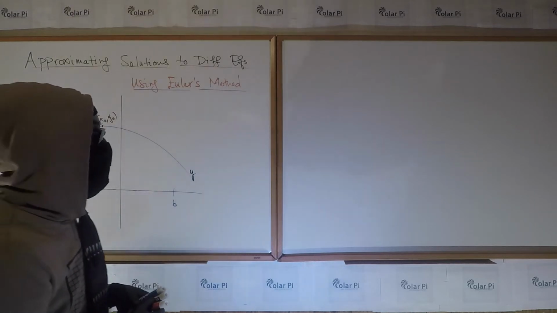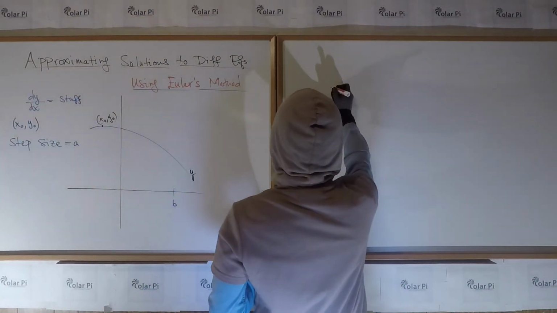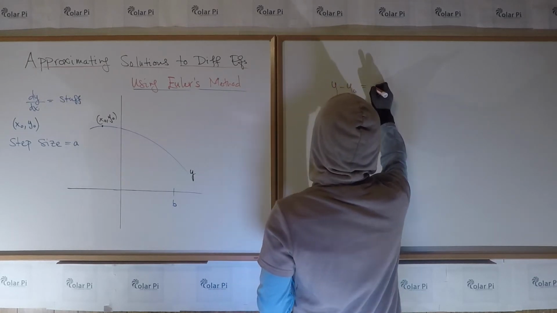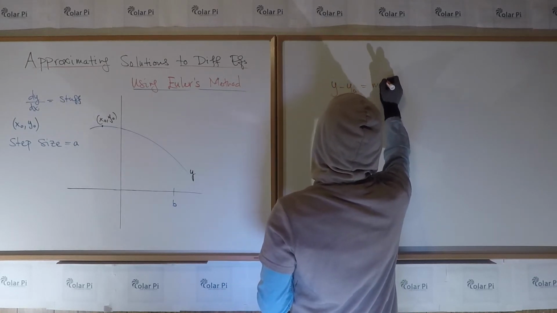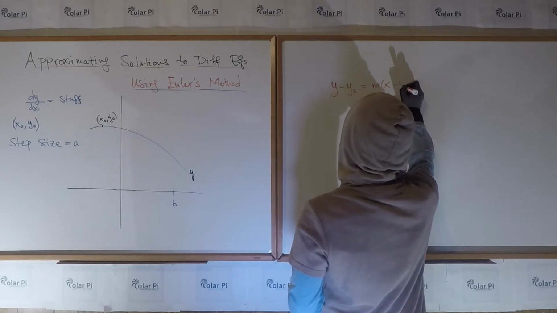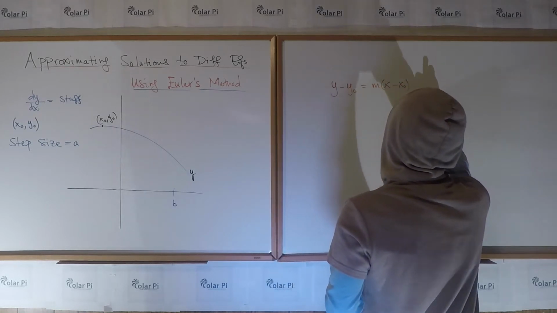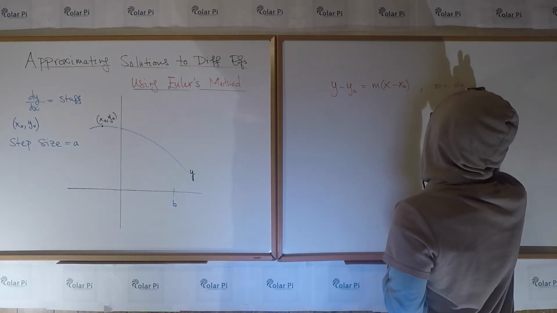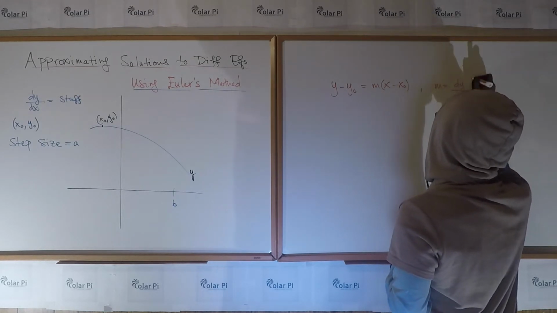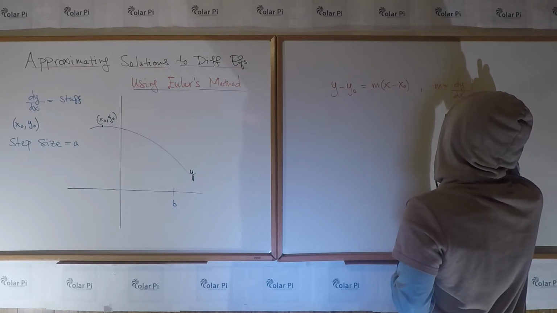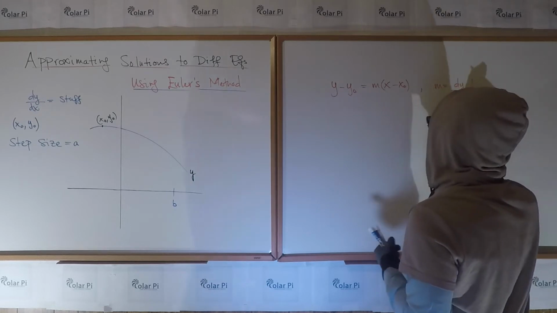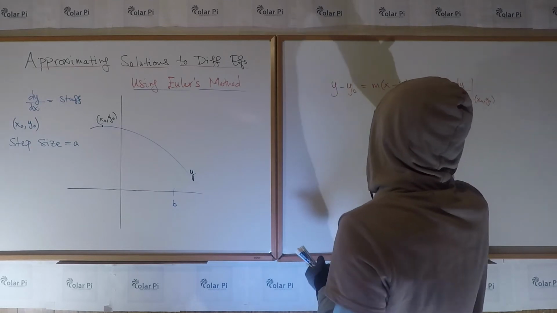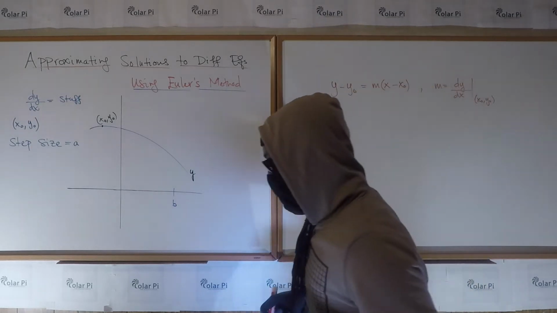In point-slope form, the equation of the tangent line is y minus y0 equals m times x minus x0, where m is equal to dy/dx evaluated at x0, y0. That's how we get m, and the other thing you need for this equation of the line is the point, which you already have.